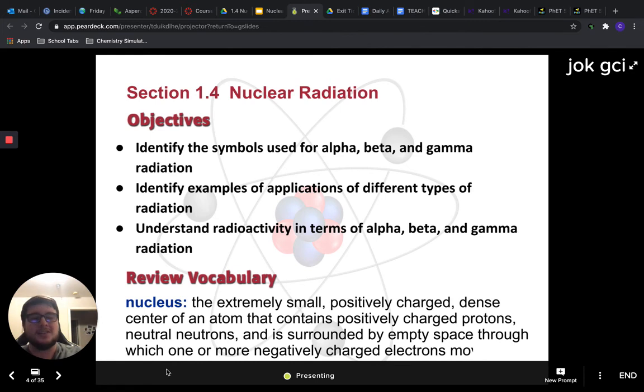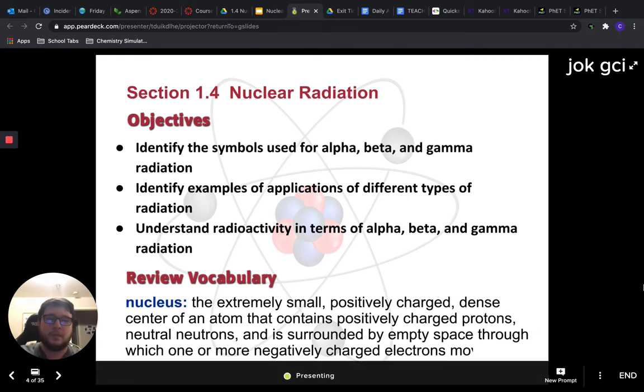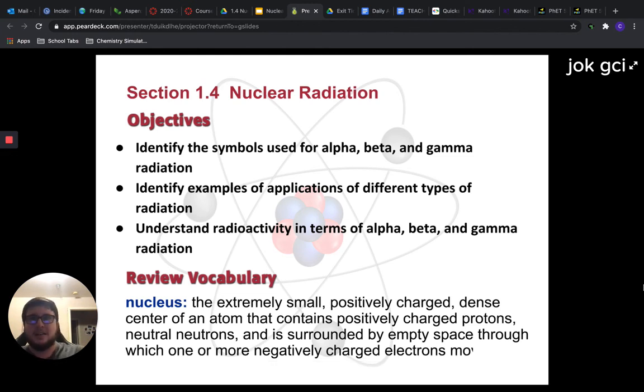All right, review vocab. Remember, the nucleus is the extremely small, positively charged, very dense region in the center of the atom, and it contains the protons, which are positively charged. It also contains the neutrons, which are neutral. And it's surrounded by empty space through which the electrons move around. The key thing about the nucleus, if you're wondering why the neutrons are there: the protons are there because they identify the element, and the electrons are there to balance out the charge.